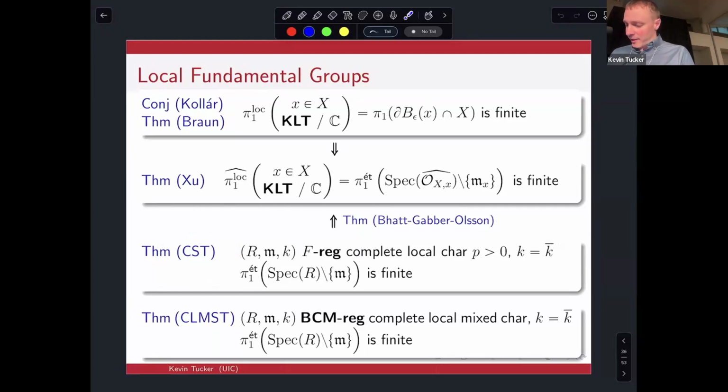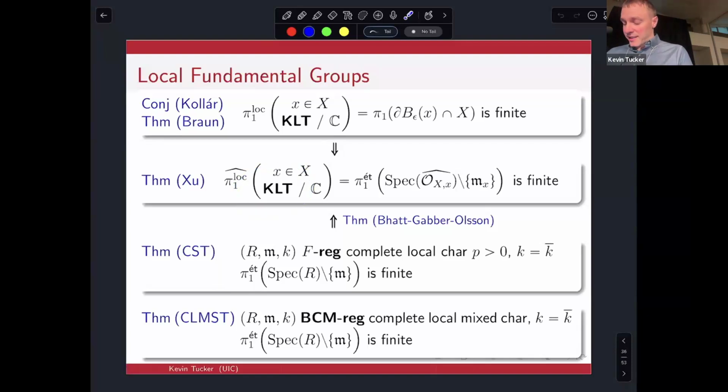I'm not going to say anything about the techniques used to prove this theorem in mixed characteristic, but let me just say that all three of these theorems can be shown by the same method. You find an invariant that scales appropriately by degree for a quasi-étale cover. In characteristic 0, that's the normalized volume.